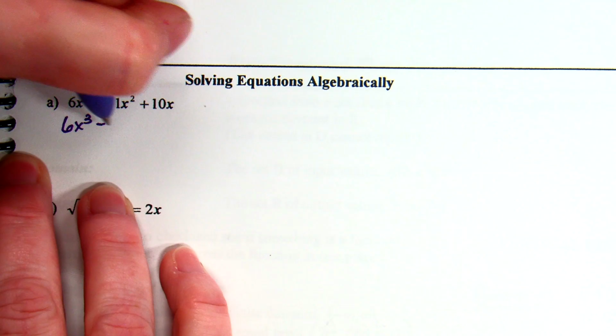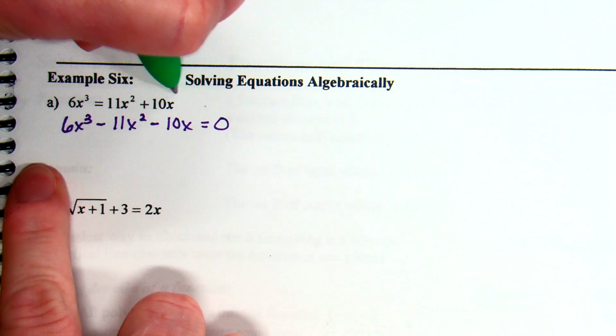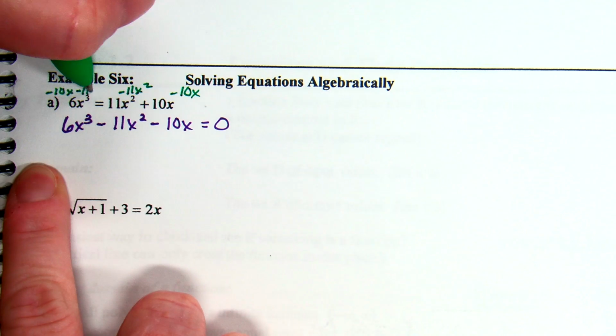So I'm here going to have 6x cubed minus 11x squared minus 10x equals 0. And you guys know how I got that, right? The fact that we basically subtracted 10x to the other side and subtracted 11x squared to the other side.